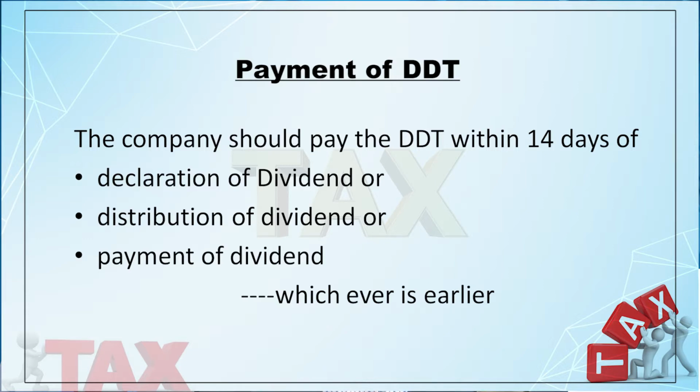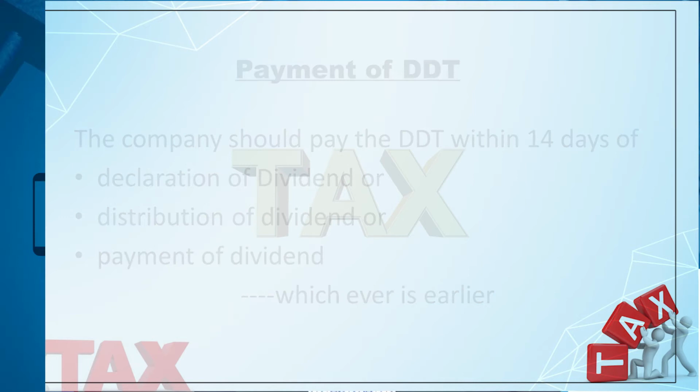So, you have to check the date when the dividend is declared, when it is distributed, and when it is actually paid. There are 3 dates. The company has to pay the DDT within 14 days of these 3 dates, whichever is earlier. So, the dates are very important.